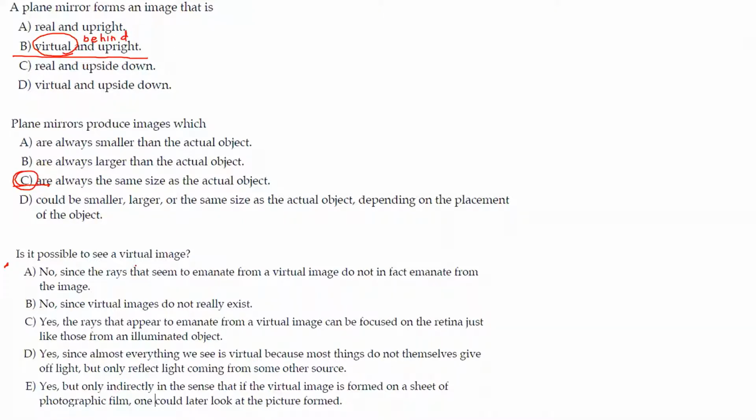See, is it possible to see a virtual image? Yes, right? You can see yourself in the mirror. That means you can see virtual images. So the answers should have yes, and let's see which one is the correct one. The rays that appear to emanate from a virtual image can be focused on the retina just like those from an illuminated object.